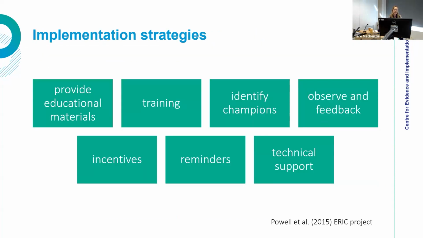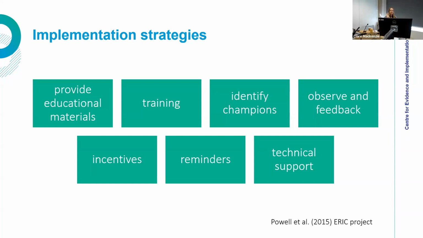So I've listed here a few strategies that could be used to drive implementation forward and overcome some of the barriers. For those who haven't already read this, there's a fantastic paper by Byron Powell which has summarised over 70 different proven effective implementation strategies that can be used to improve the quality of implementation. I've put a handful of these on the slide here.